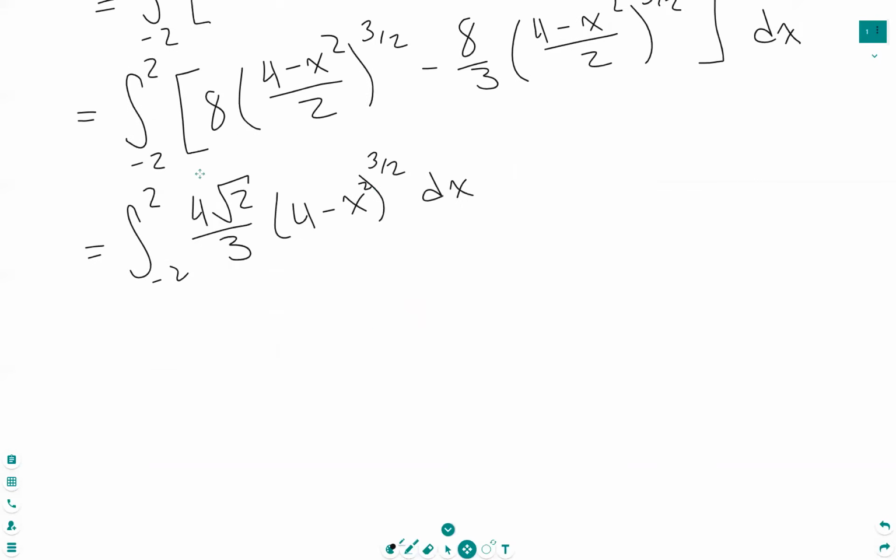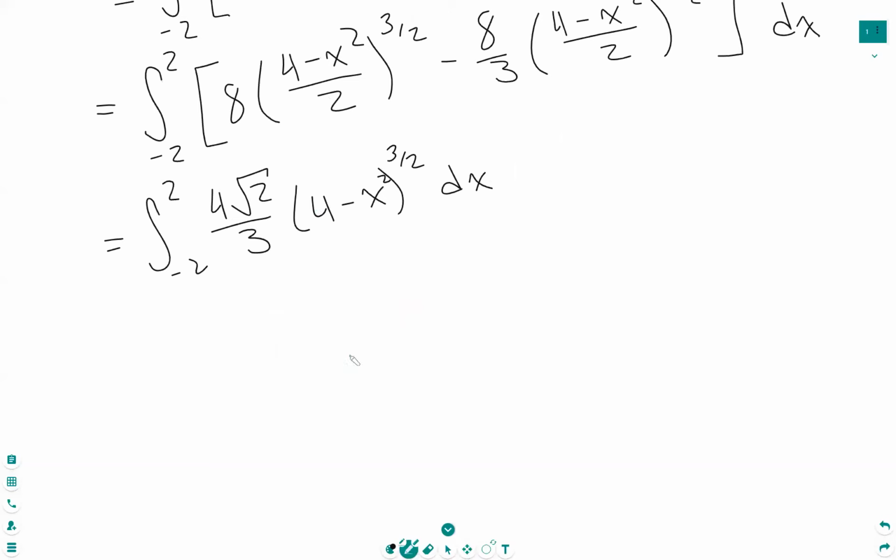I'm not going to dive too deep into doing this integral, but this is a trig substitution. So we can say we let x equal 2 times sine of u, and then dx is equal to 2 cosine u du.